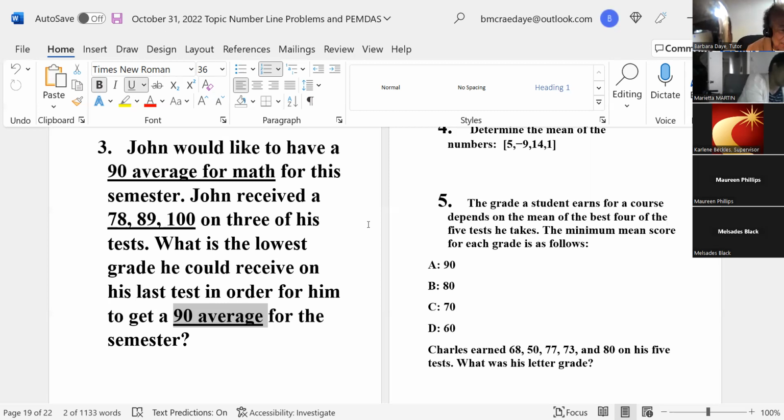So you're looking for that fourth score that John needs to make to get a 90 average. So for a 90 average, your total should be 360, right? 4 times 90. So you could do this really mental math, right? 4 scores for 90 average is a total of 360.